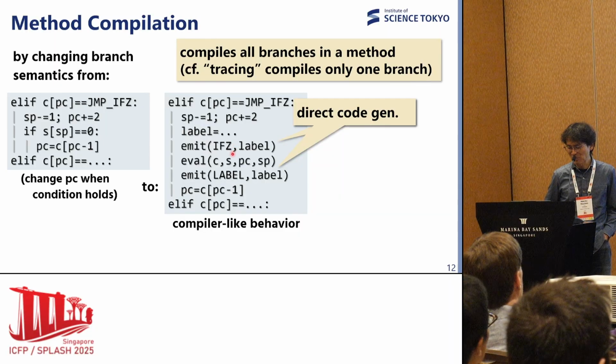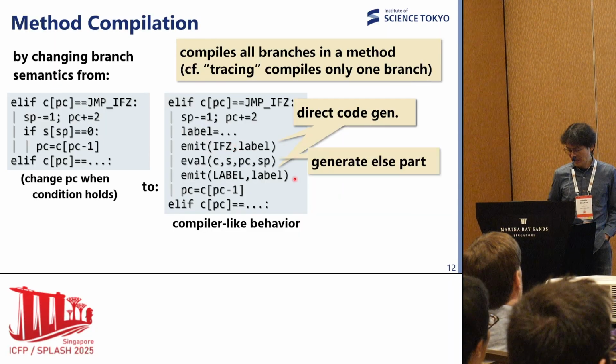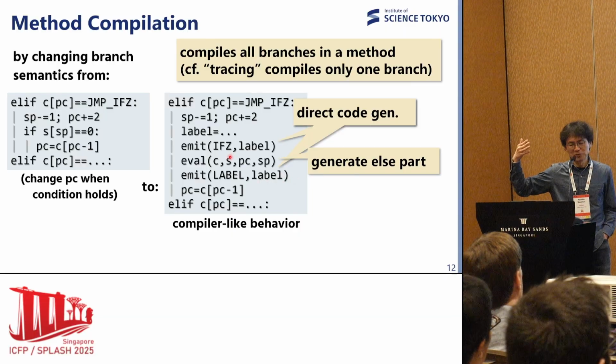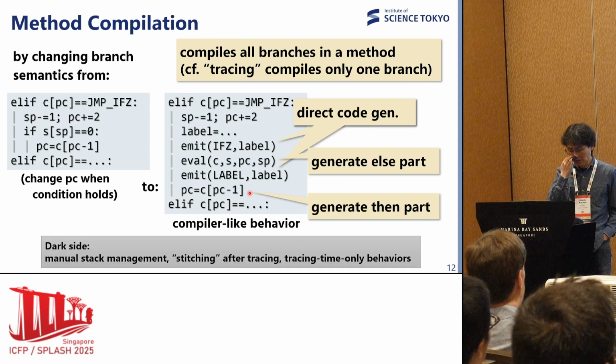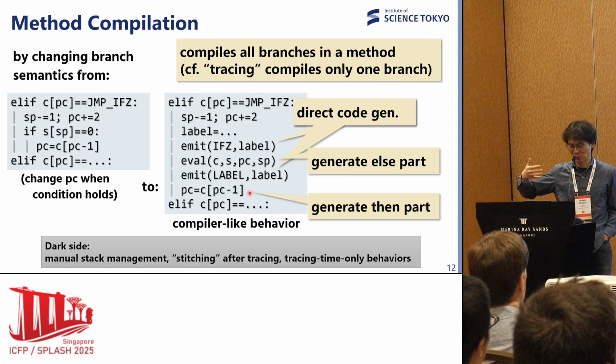So we emit the if instruction, then generate from the else part, then generate a label, and then continue execution, or evaluation, or compilation of the jump target.